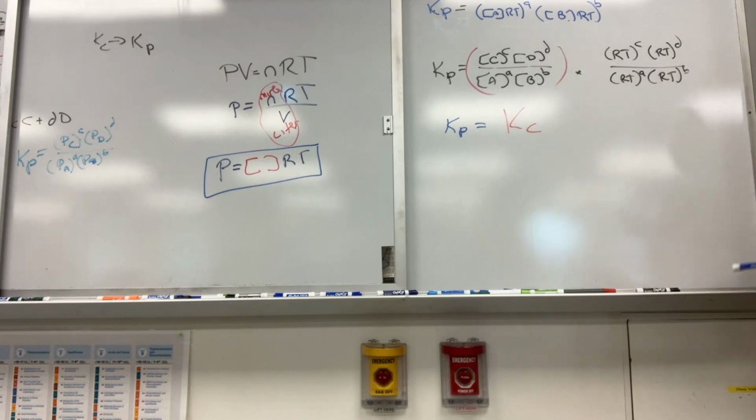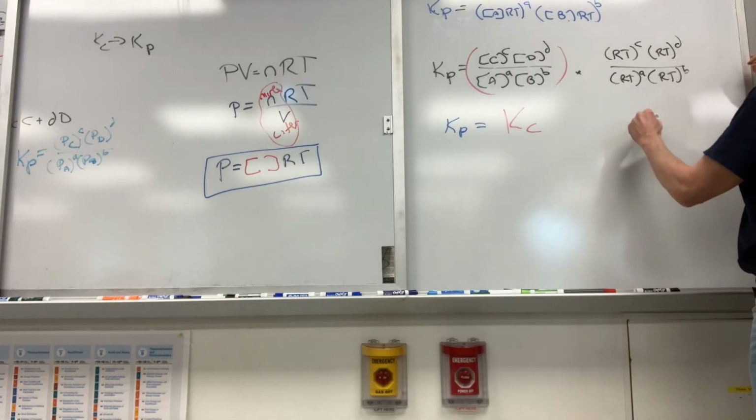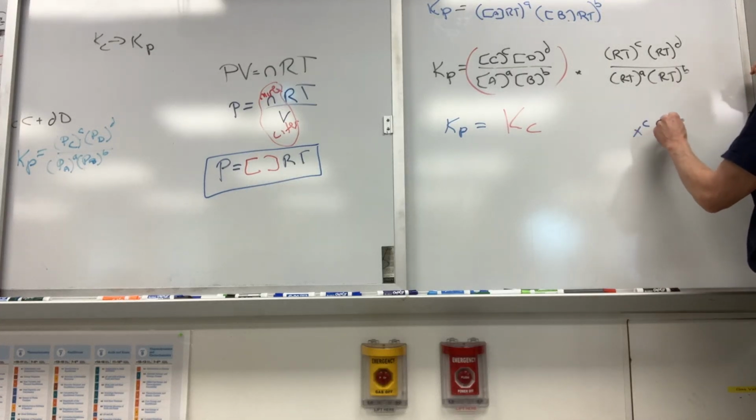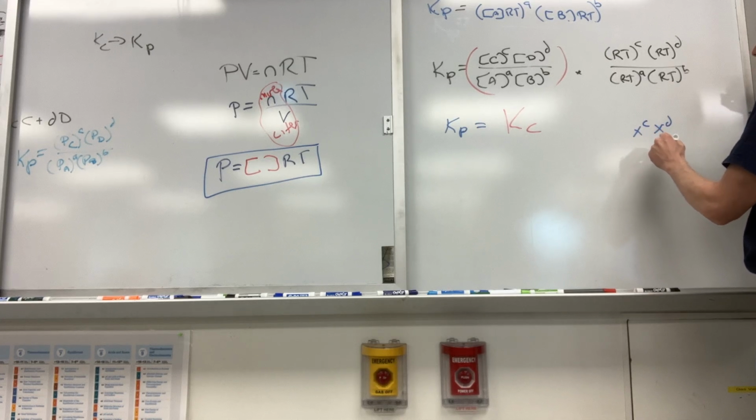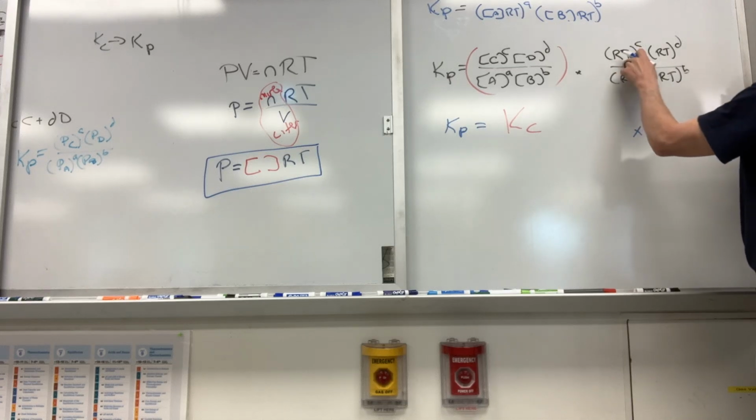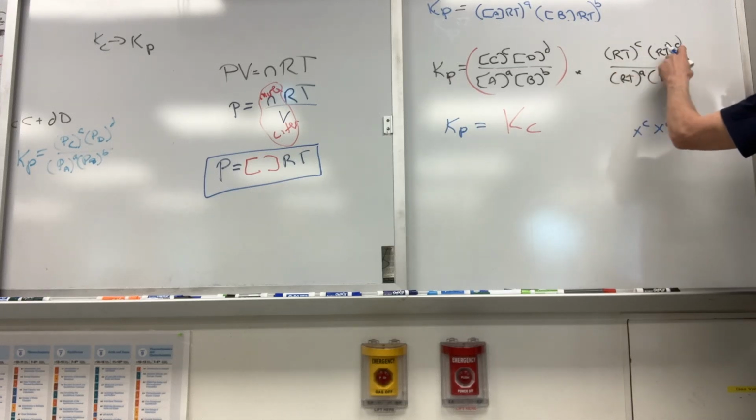Wait a minute. Let me ask you something. X to the c times X to the d is what? X to the c plus d, right? And so RT to the c times RT to the d is just RT to the c plus d.